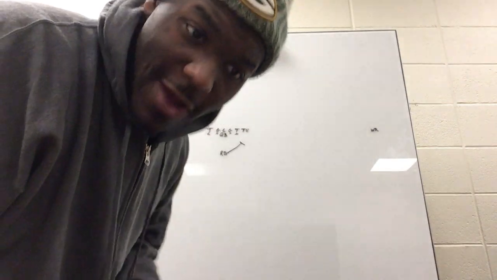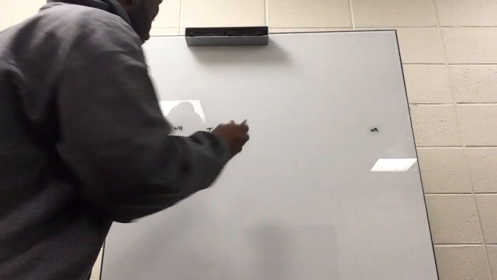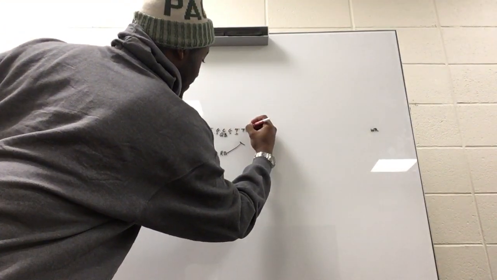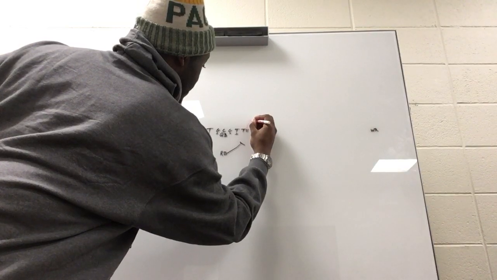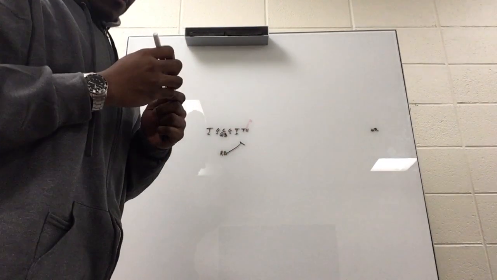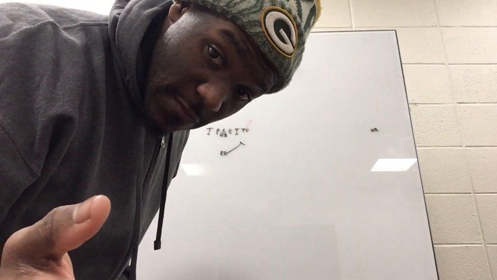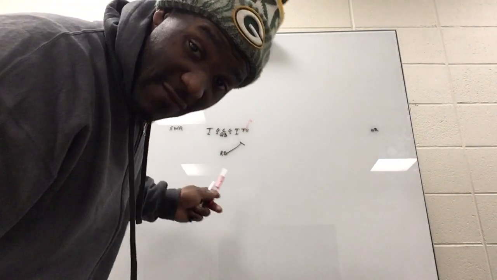The tight end will run a quick curl hot route just in case of a blitz. The slot corner will also have a hot route.